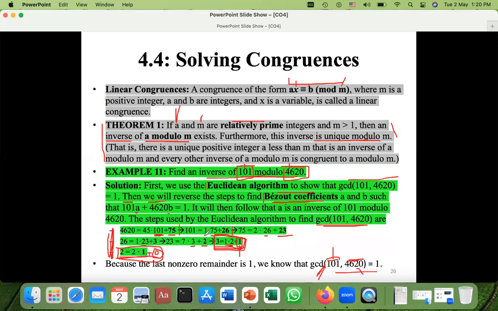From the next step, and this is the next step now. From this step, you can move this 7.3 to the left hand side, and it will become 23 minus 7.3 is equal to 2. So you have the value for the 2: 2 is equal to 23 minus 7.3.